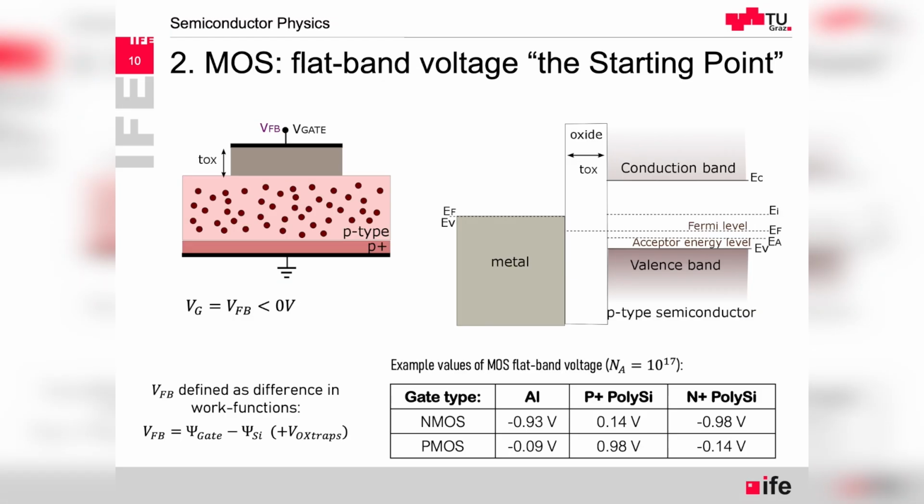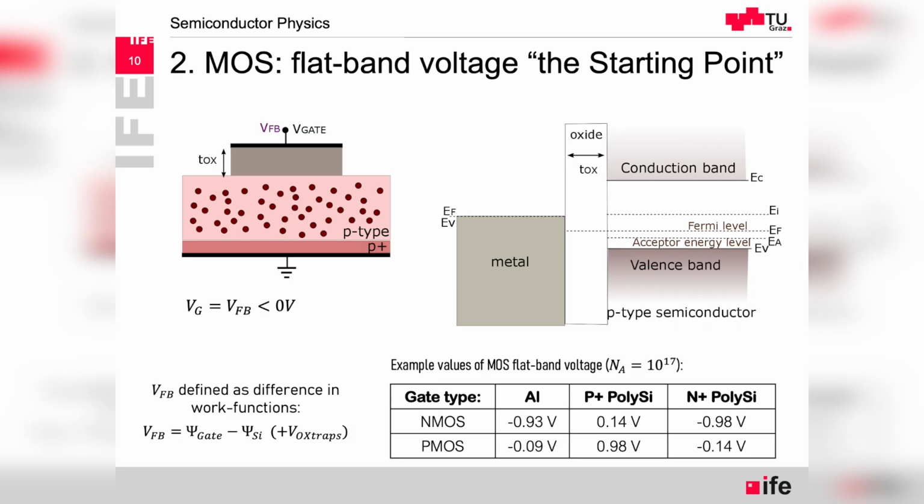Next step is we go to the starting point. And the starting point is such a voltage. It depends, again, on the materials, the doping, the type of the metal gate, and if it's polysilicon. But we can apply such a voltage where the bands become flat. And here there is a table where you can see different values.